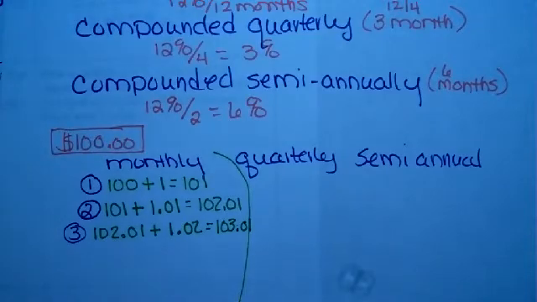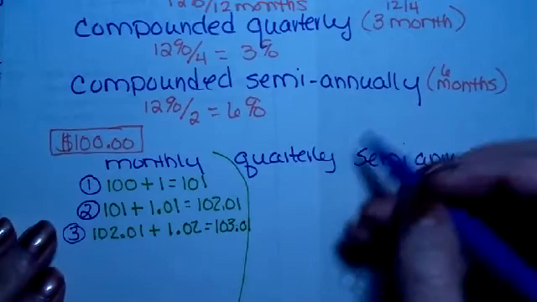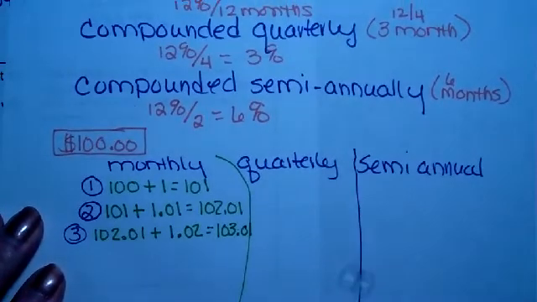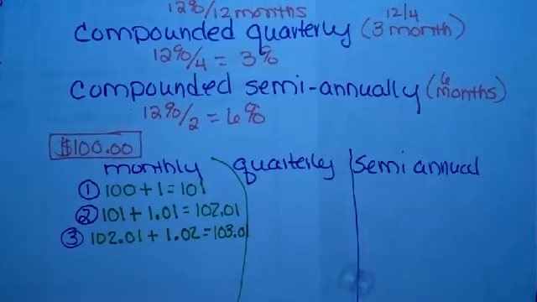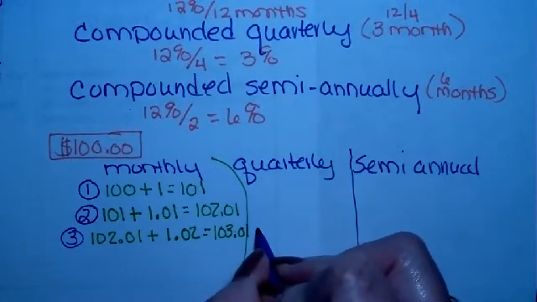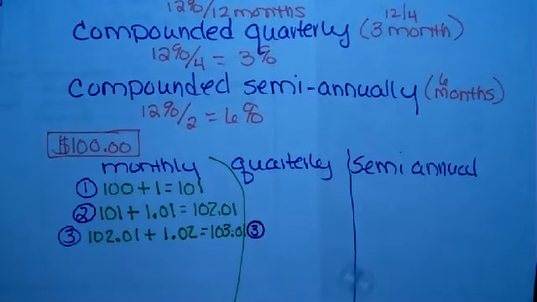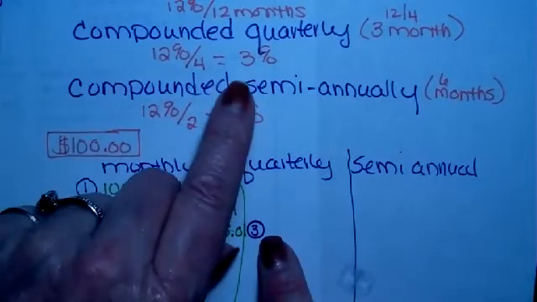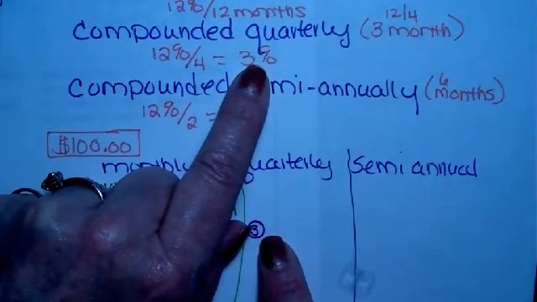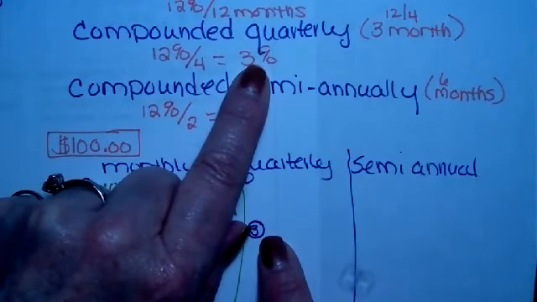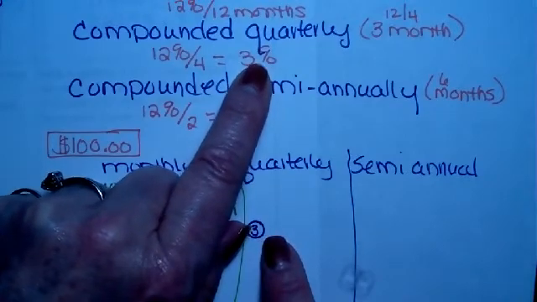Now quarterly means that you're going to get paid every 3 months. So if you're doing quarterly, they're going to stop right here and do the same thing. But quarterly, we get 3% of our original amount.